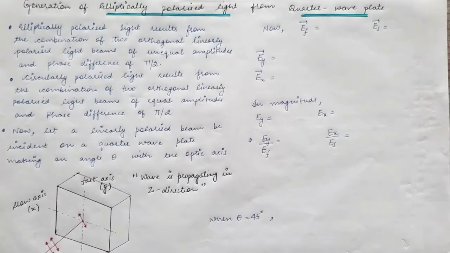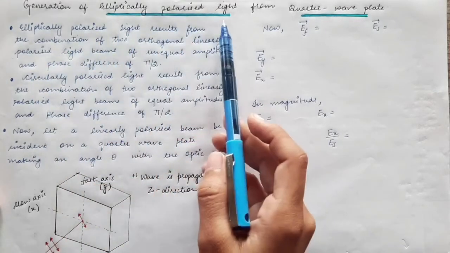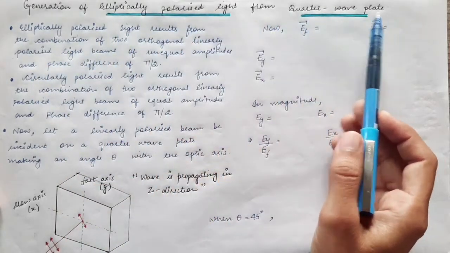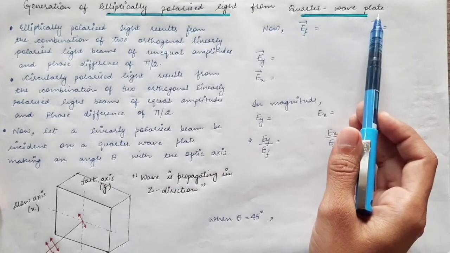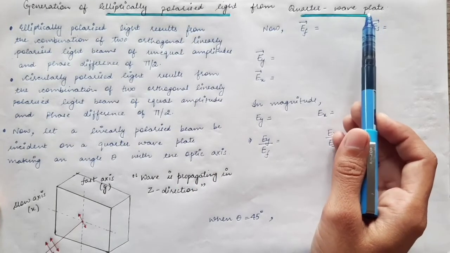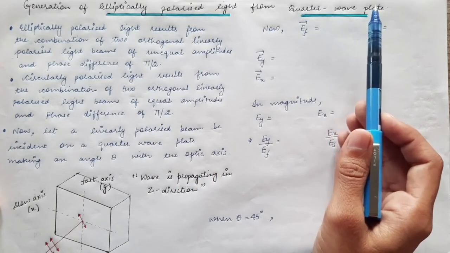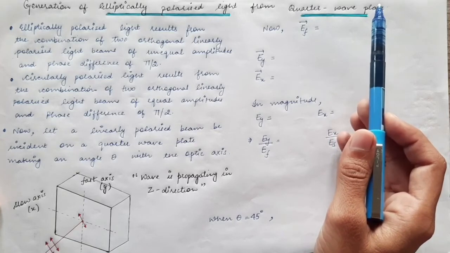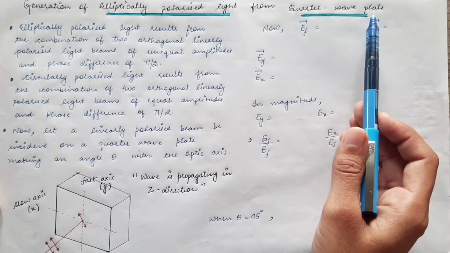Now we are going to see how we generate elliptically polarized light from a quarter wave plate. A quarter wave plate is the one which introduces lambda by 4 path difference, or pi by 2 phase difference, between the fast and the slow components.